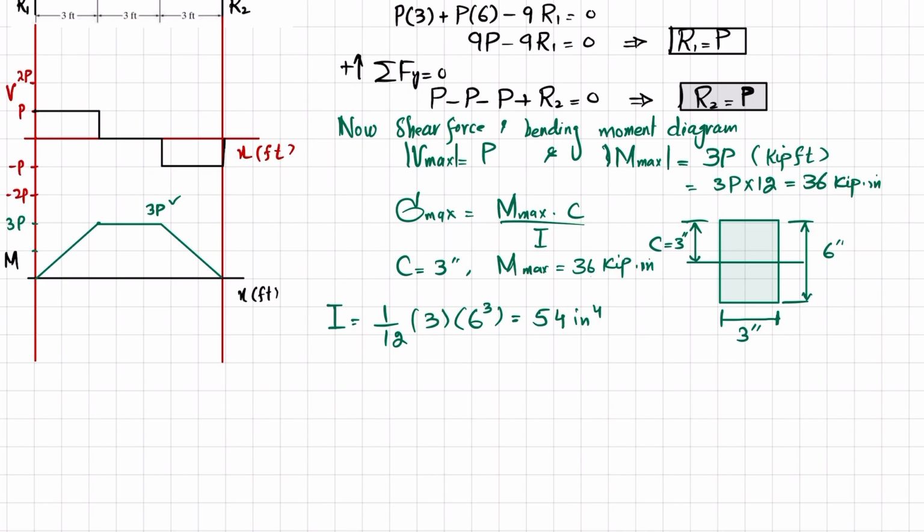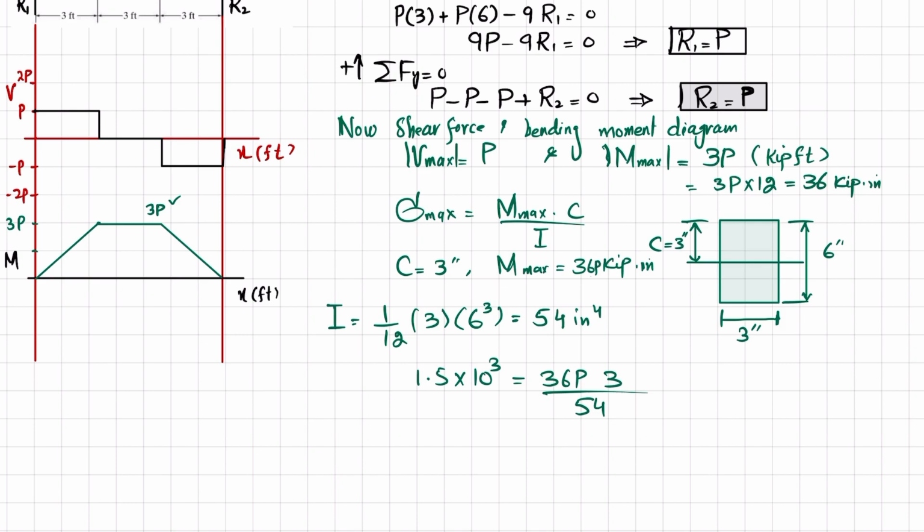Maximum stress, which is given as 1.5 KSI, 1.5 into 10 raised to power 3 is equal to the maximum moment, which is 36P kip into inch, multiplied by C, which is 3, divided by 54. And there is a P as well, 36P.